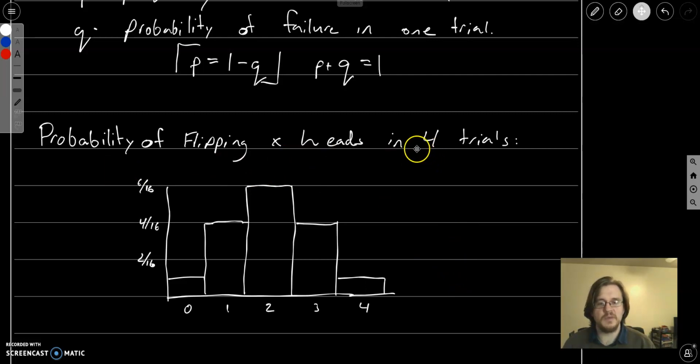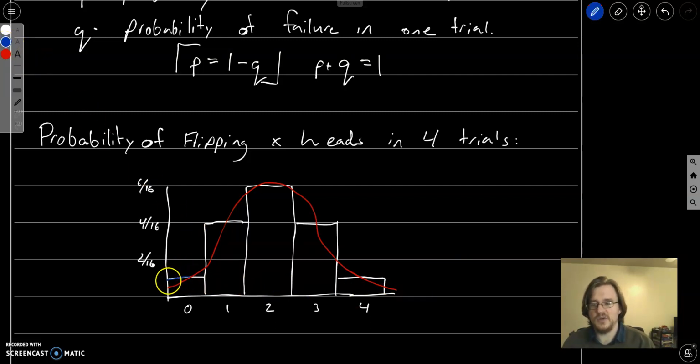So if we look at how these probabilities are distributed, let's say we flip a coin 4 times and we count how many heads we get. We can see that the probability of flipping a 2 is about 6 in 16. The probability of getting a 1 or a 3 is 4 in 16. The probability of getting a 4 or a 0 is 2 in 16. And this kind of looks like a normal distribution, but it's quite blocky.